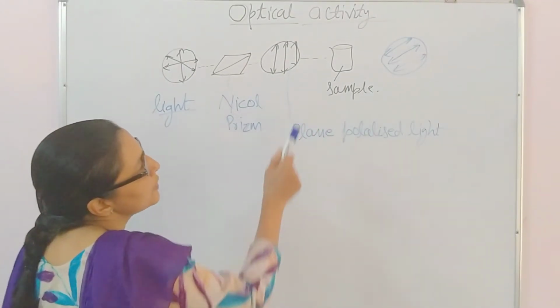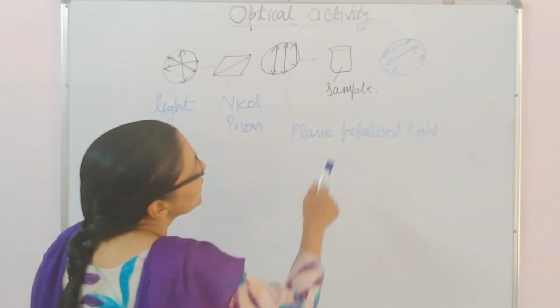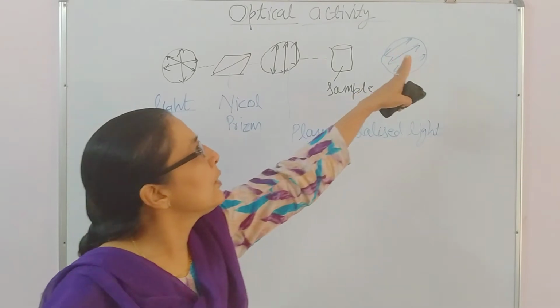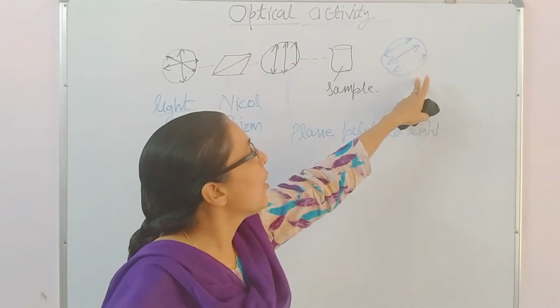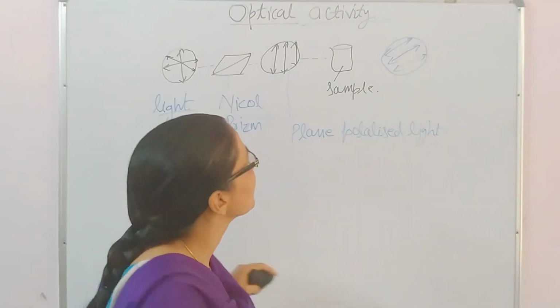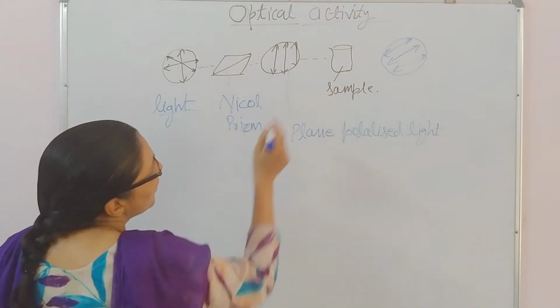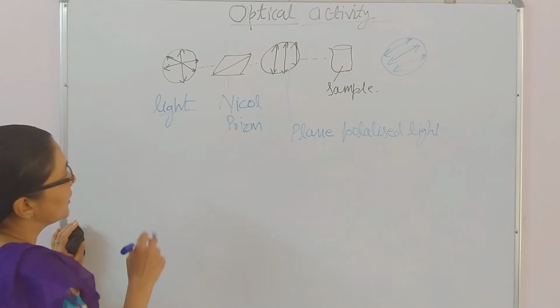Other properties will remain the same. This sample will pass the light either in the left, levo, direction or the right, dextro, direction. So we can say that all optically active compounds will show two isomers.